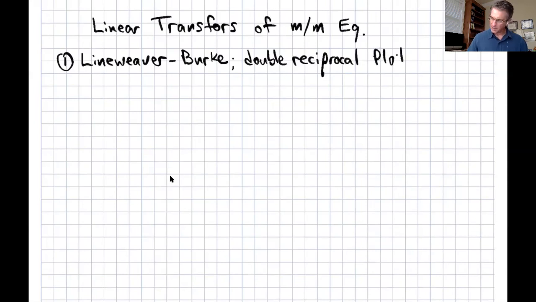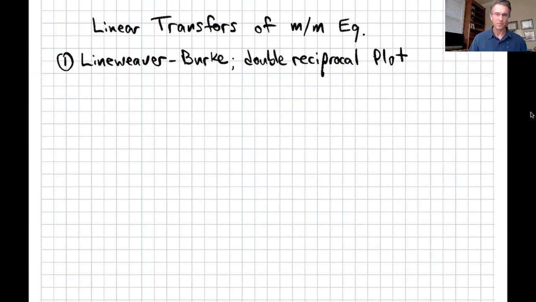The reason it's called this is, first, the guys who came up with the idea, Lineweaver and Burk, and then because fundamentally it's a double reciprocal of the basic Michaelis-Menten equation that transforms it into a linear dependence of the initial rate on the substrate concentration in double reciprocal space.